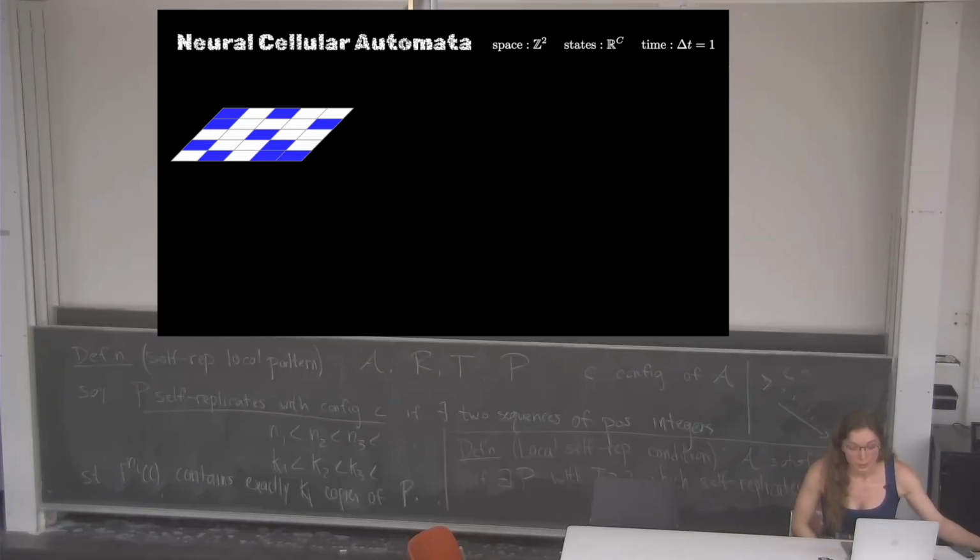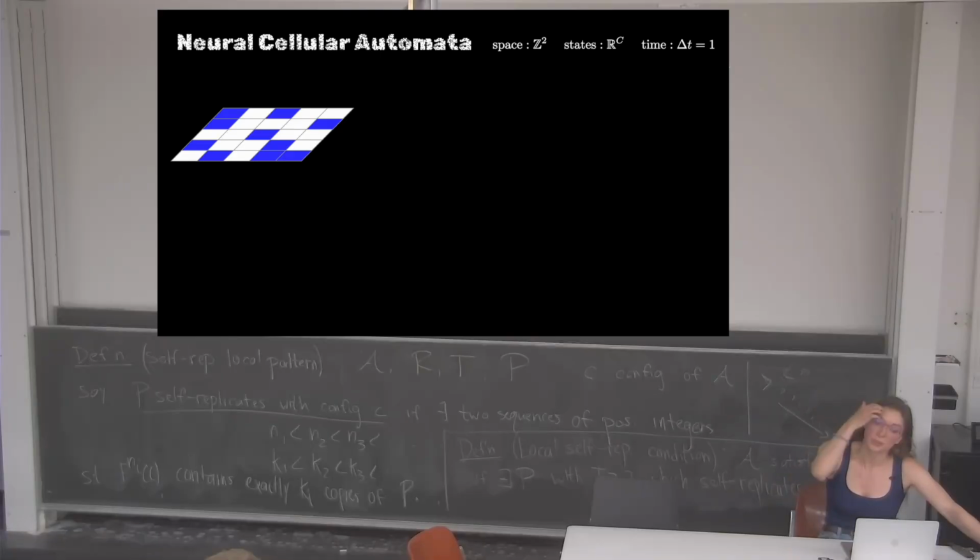So a neural cellular automaton lives typically also in 2 dimensions, though not necessarily. But here we will have a discrete space. So we will still think about grids, but now each cell of the grid will have a continuous state space, typically some power of the real line, and some discrete time update, typically just one.